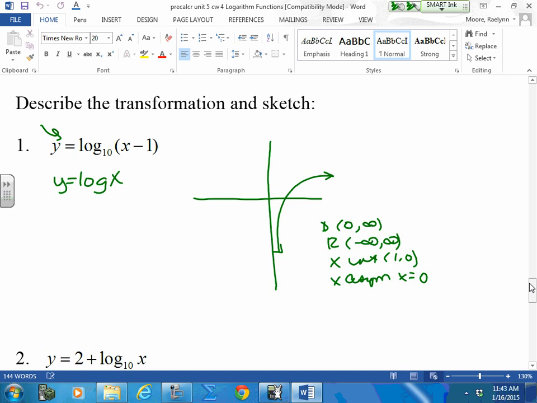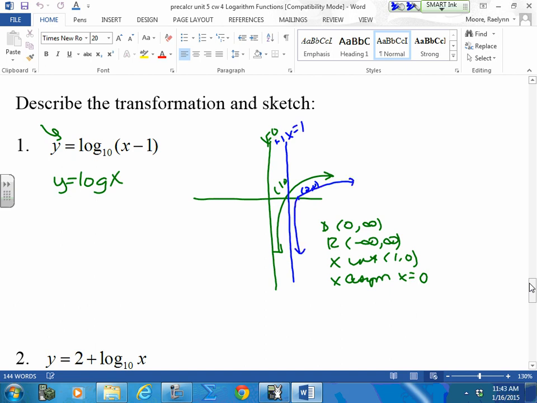To the right one. Good. A horizontal shift to the right one. I might want to keep track of this guy. I might want to put this up here. So now, when I move this to the right one, it becomes 2, 0. If I add 1 to that, my asymptote now becomes x is equal to 1.